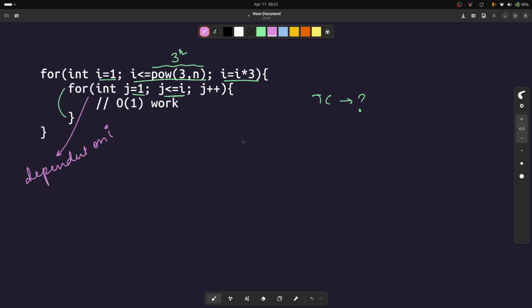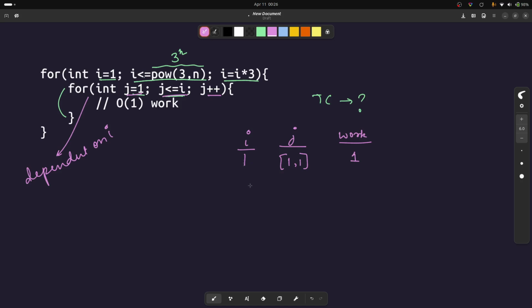So initially, i starts from 1. If i's value is 1, then j will go from 1 to 1, because j starts from 1 and goes up to i, j plus plus. What is the work done in this case? From 1 to 1, only one iteration. So work done is 1.